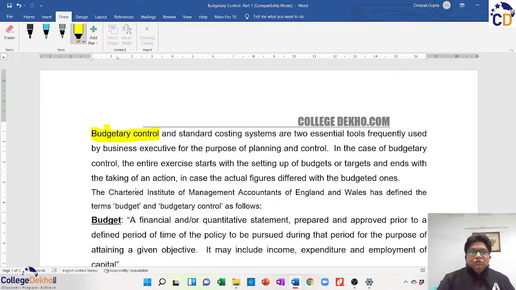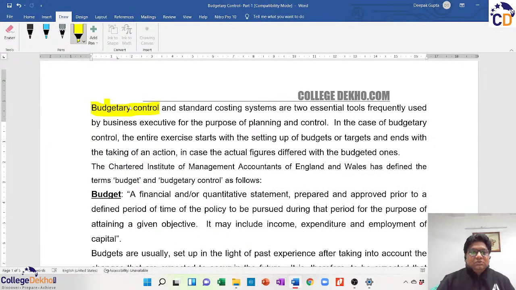As you can see in the sheet, budgetary control and standard costing are essential tools for every business executive for the purpose of business planning and control. How does this budgetary control work? We create certain budgets, certain pre-defined targets which are achievable, hence they ought to be achieved by the staff, and therefore it helps in performance control.